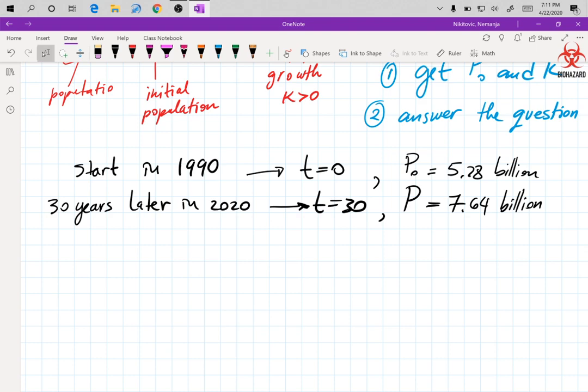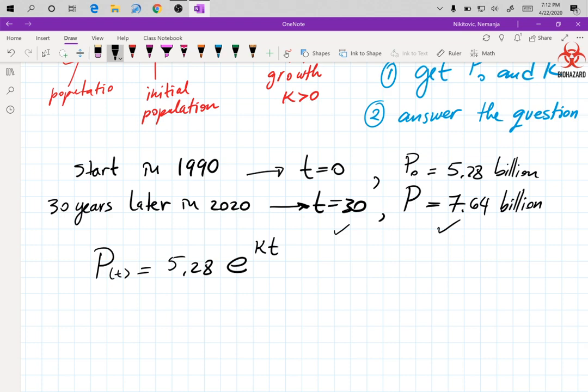You must have 2 points in time to compute k. So P of t is equal to 5.28 e to the kt. Right, so this is the formula, and look what I have. I have t and P to plug in. Once I plug those values in, I can calculate k. It will be the only unknown.